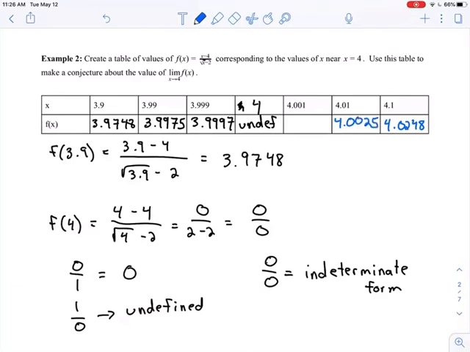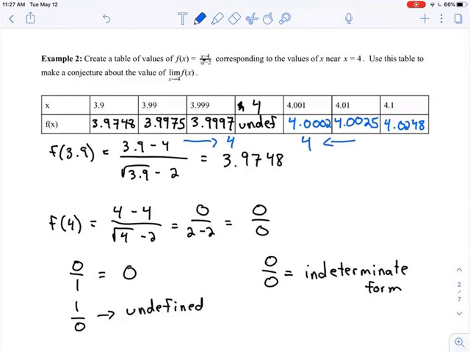And if I take 4.001, plug that in, I'll have 4.0002. So if I come at this from the left-hand side, it looks like I'm approaching a y value of 4. Over here on the right-hand side, these decimals are getting smaller and smaller. It looks like the y values here in this case are also getting closer and closer to 4.